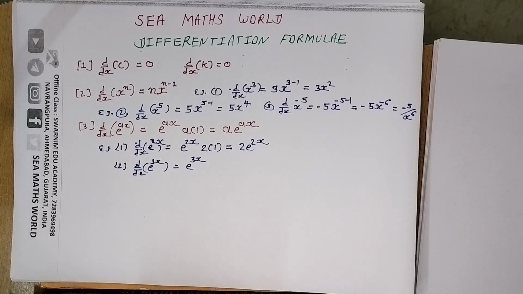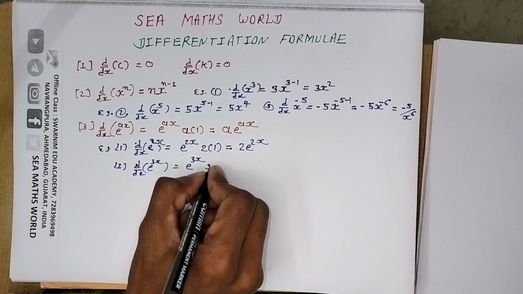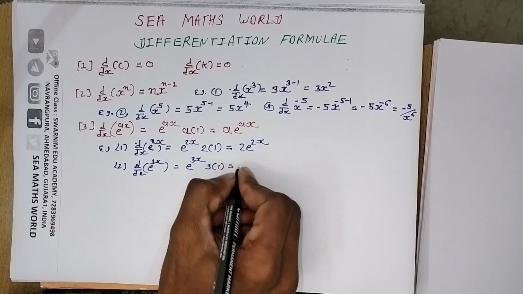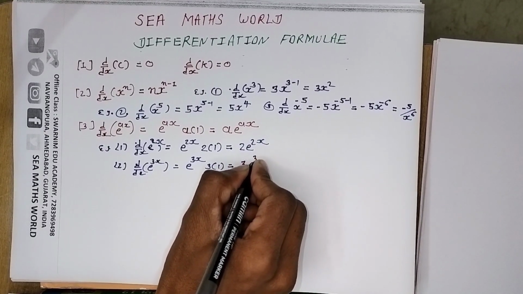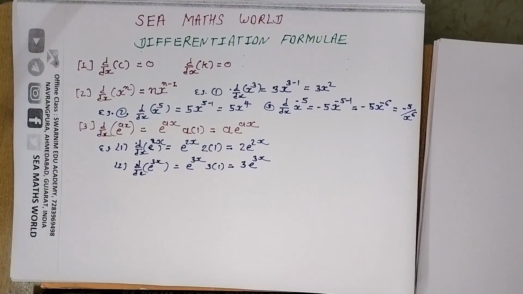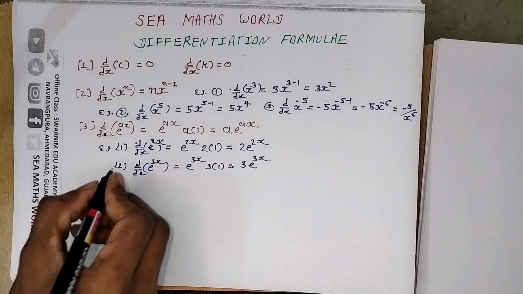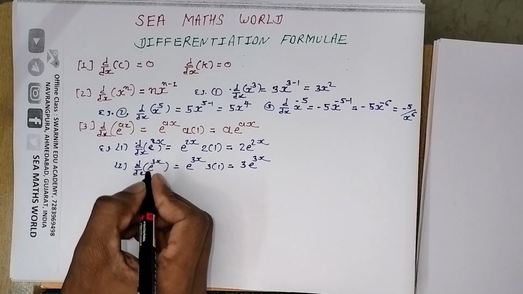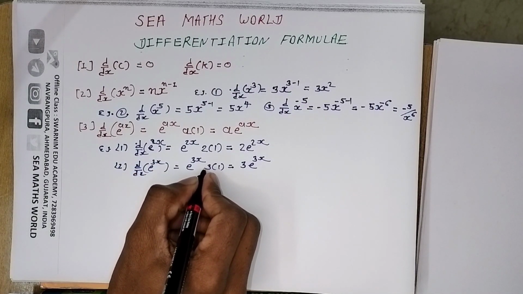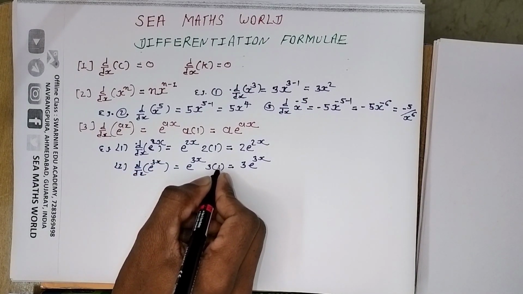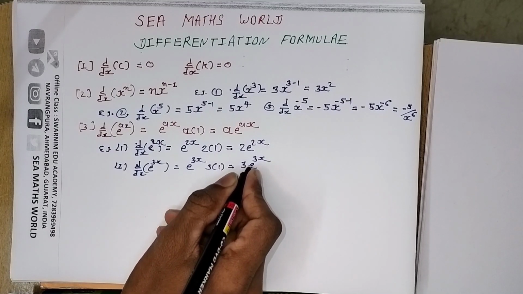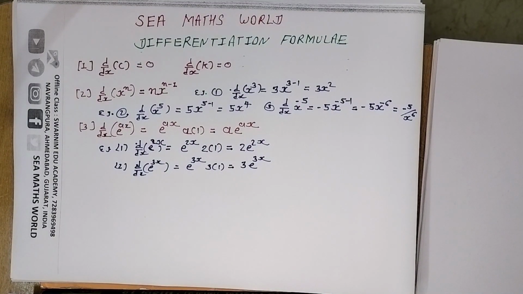So 3x differentiation is 3 as it is, x differentiation is 1. So finally 3 into e raised to 3x. If it is minus 3x, then we will take here minus 3, x differentiation 1, then it will become minus 3 into e raised to minus 3x.